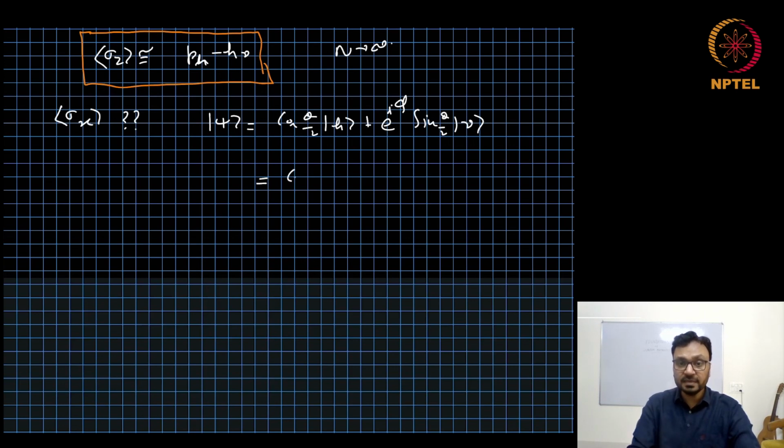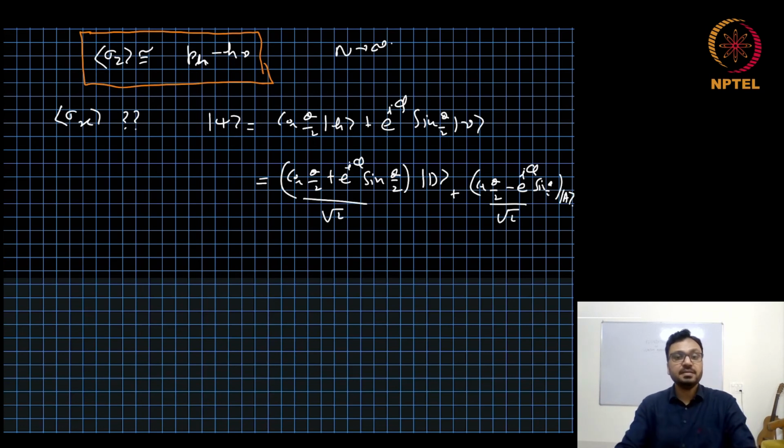We can also write it as cos of theta over 2 plus exponential of i phi sine of theta over 2, over root 2, times the plus state, let me call it d, plus cos of theta over 2 minus exponential of i phi sine of theta over 2, over root 2, times minus, the antidiagonal. So we can write psi in the diagonal and antidiagonal basis.